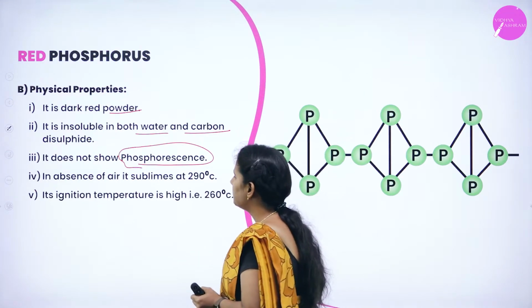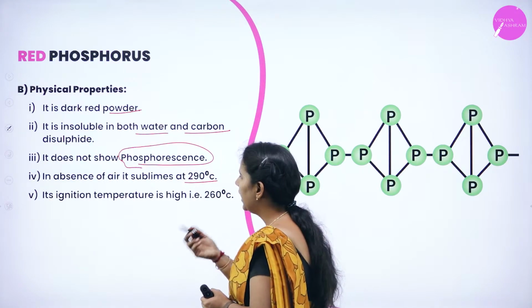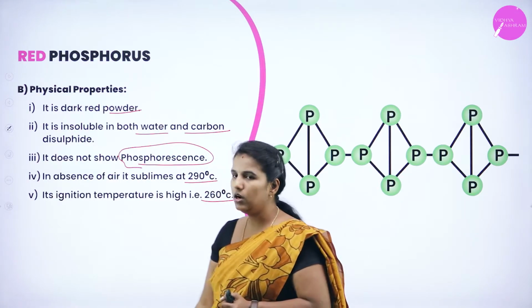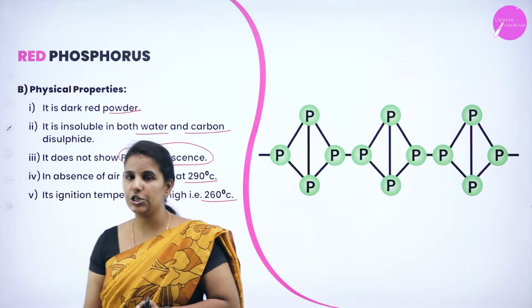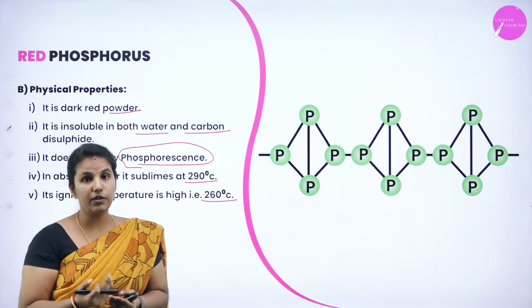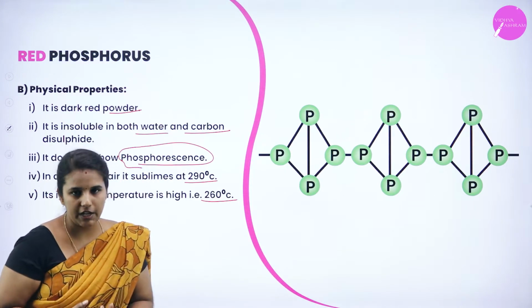Okay. In the absence of air, it sublimates at 290 degrees Celsius and its ignition temperature is also high, around 260 degrees Celsius. This indicates that when you compare white phosphorus with red phosphorus, the physical properties are entirely changed, right?